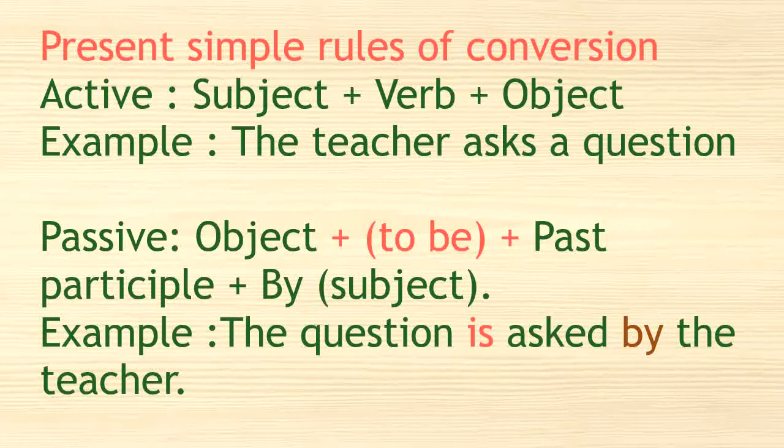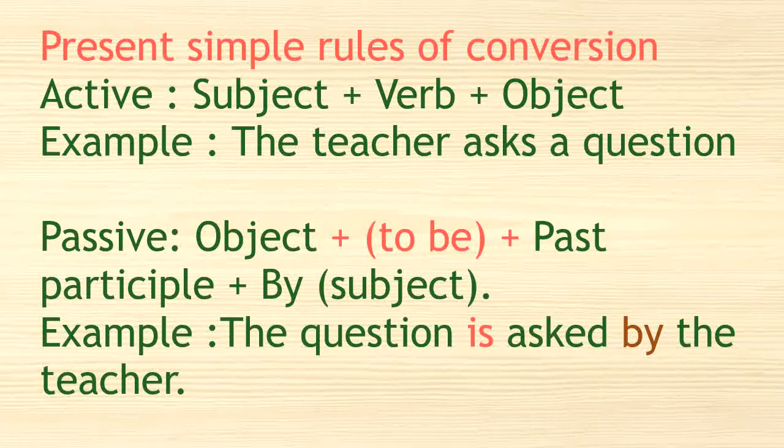That means if the verb is to ask, its past participle is asked. So what you are going to obtain is the question is asked, and then the last step is you add by the doer or the subject, by the teacher. So the teacher asks a question. A question is asked by the teacher.